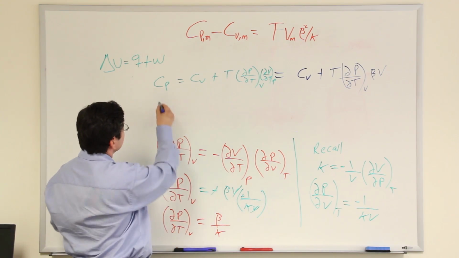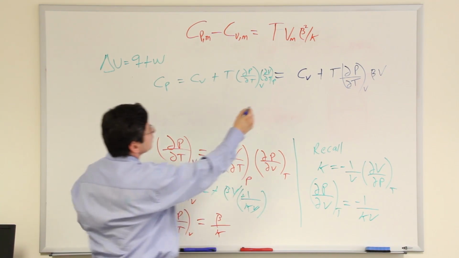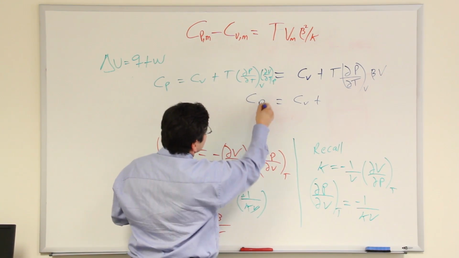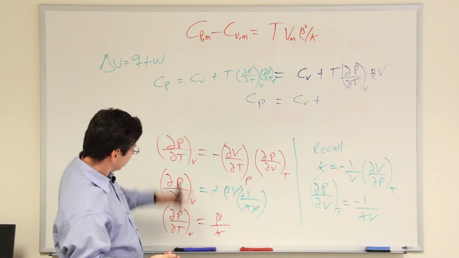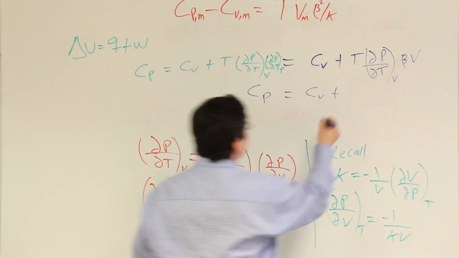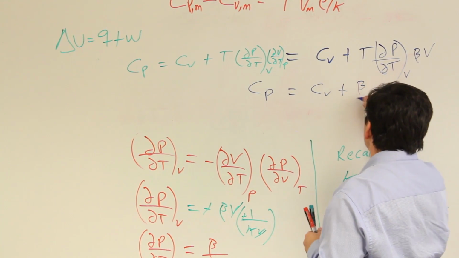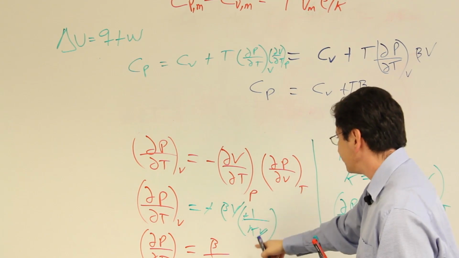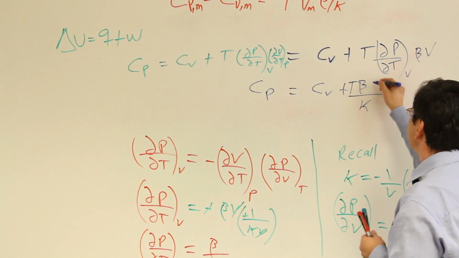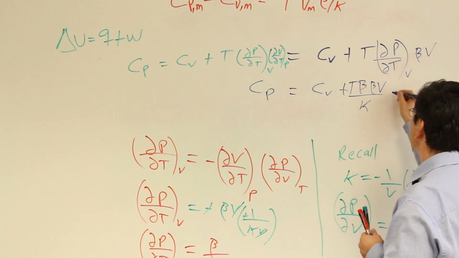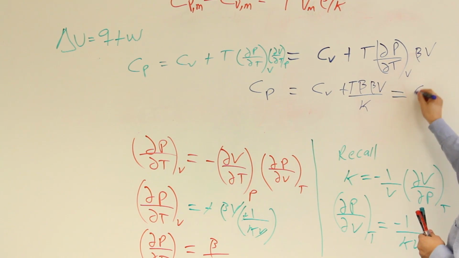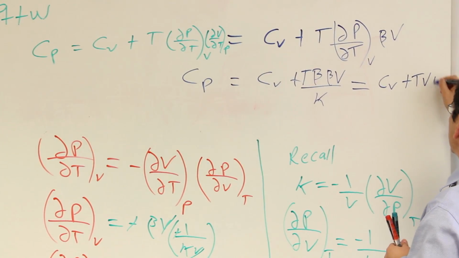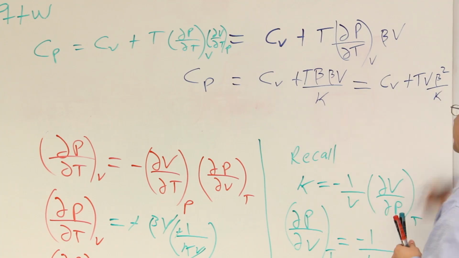So then Cp is equal to Cv plus T dP/dT, which is nothing more than beta over kappa. Remember we had the T already there, kappa here, and then beta V, which is equal to Cv plus T V beta squared over kappa.